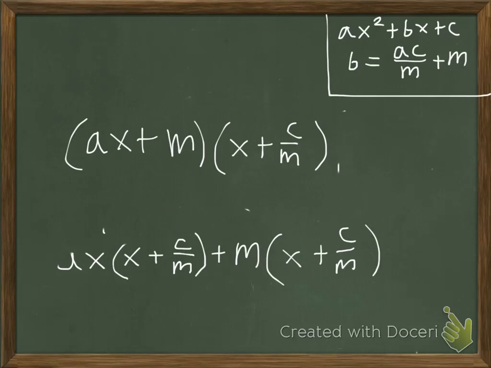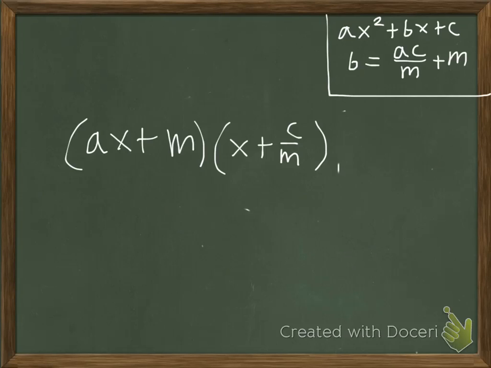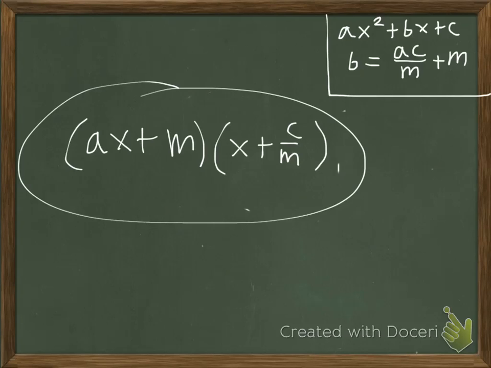So that's the factored form of that. So what this tells us is that if we have this quadratic equation up here, and we set b equal to ac over m plus m, then this equation will factor to ax plus m times x plus c over m.